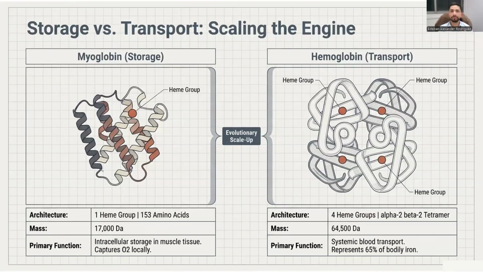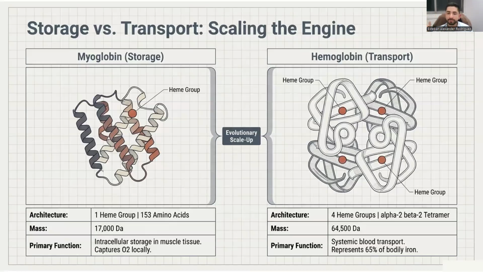So now we can observe the principal structural difference between the two proteins. On the left, we can observe myoglobin, whose principal function is intracellular storage in muscular tissues, capturing oxygen locally. In this protein we can see it has only one heme group. The heme group is the metal center surrounded by the porphyrin ring, and this protein has one heme group within 153 amino acid residues.